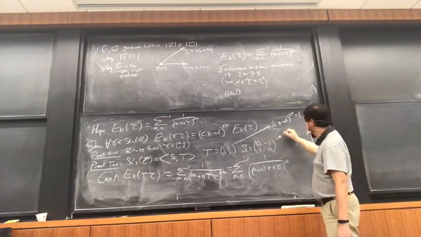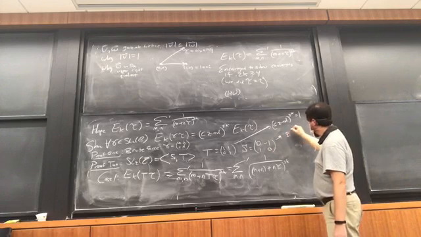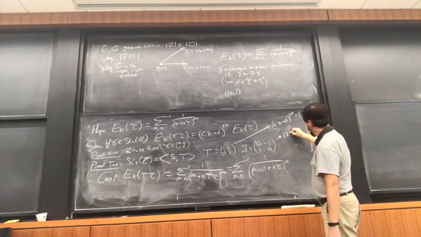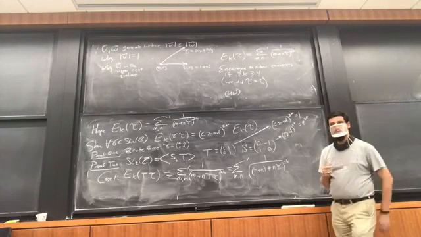And for S, c is going to be 1, so (cz plus d) to the 2k would just be z to the 2k.